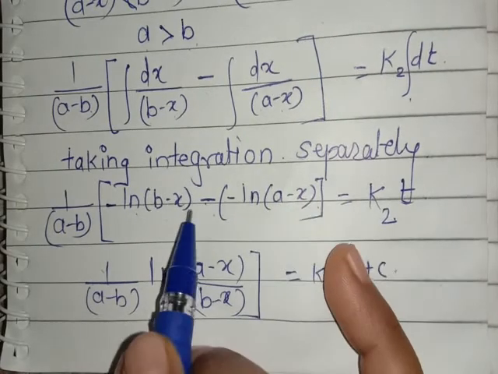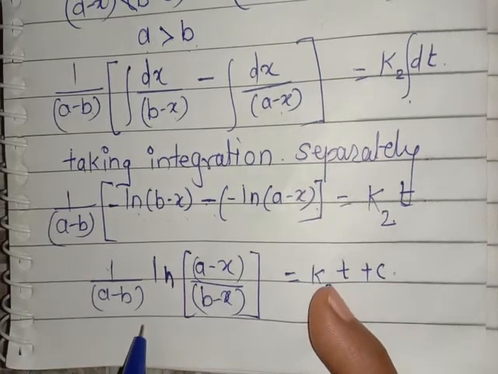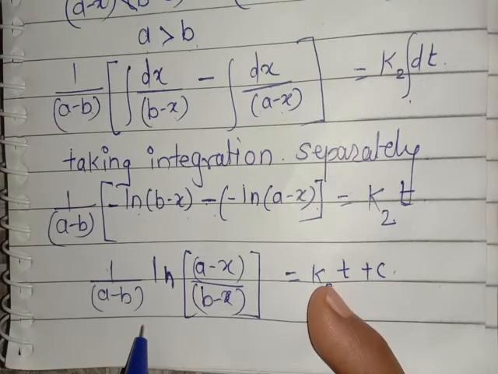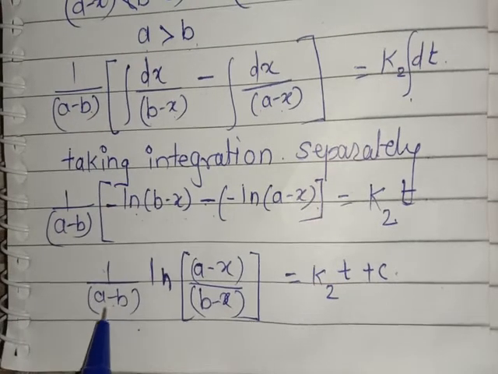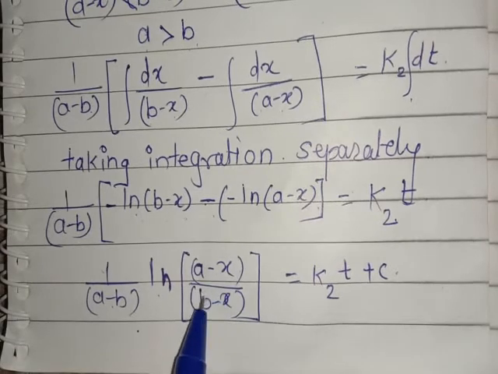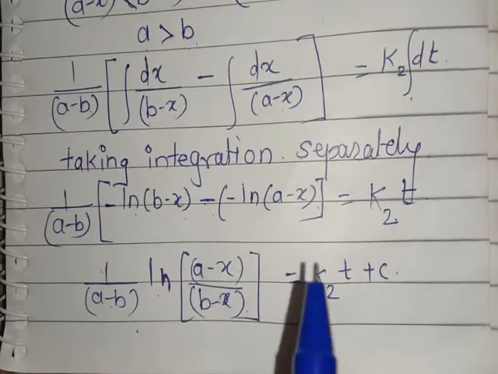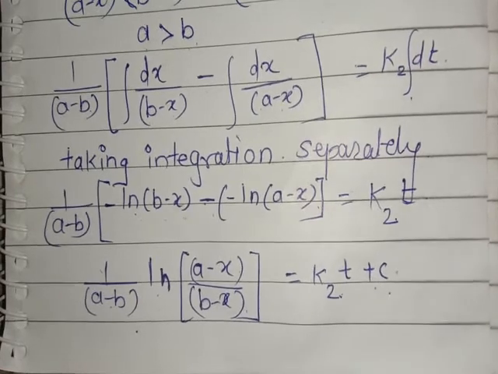So by simplifying this equation, according to the logarithmic rule, we can write 1 upon a minus b ln of a minus x upon b minus x is equal to k2 t plus c.